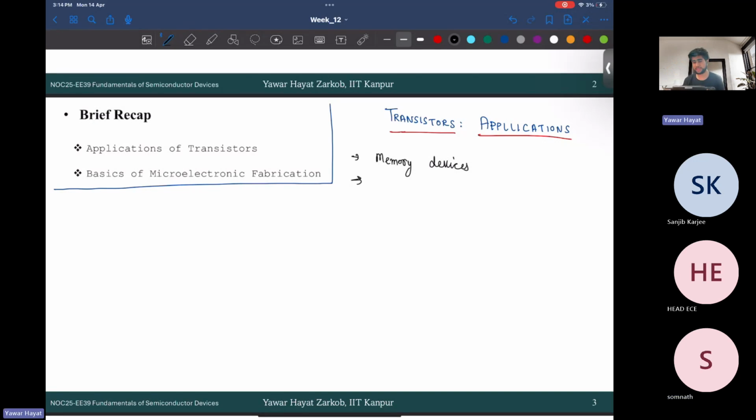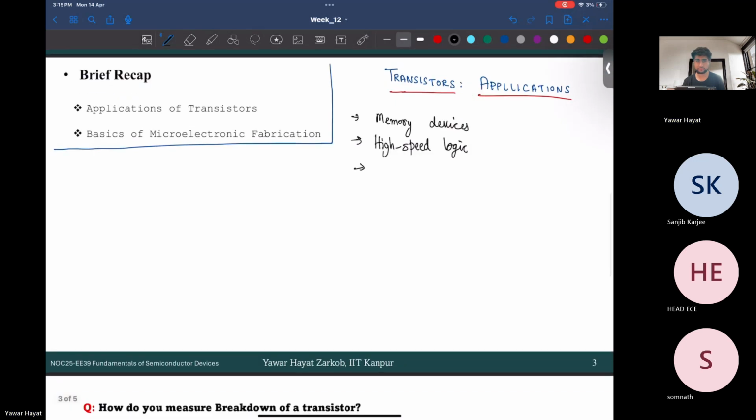So applications include memory devices. What else? Which applications are the classes of transistors targeting?